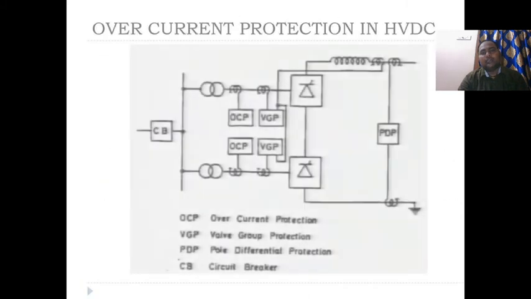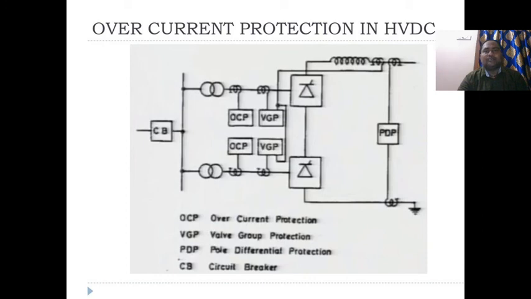Any protection must have the characteristic of selectivity, which is a main criterion, meaning where we use the equipment. Next is sensitivity: how it senses the faults and the overcurrents. So selectivity and sensitivity are the main criteria to design a system.